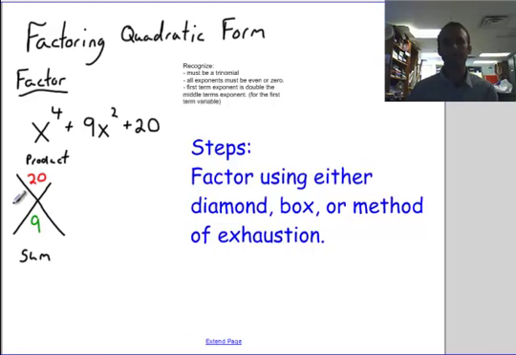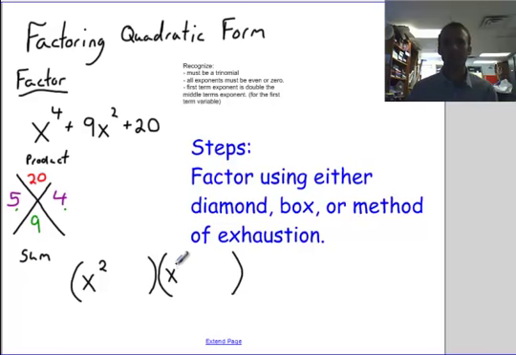Then you ask yourselves, what two numbers add to be 9 and multiply to be a positive 20? And the answer to that is 5 and 4. So when I factor this, I'm going to set it up, but now note that instead of just x's, I have an x squared. That's the difference.